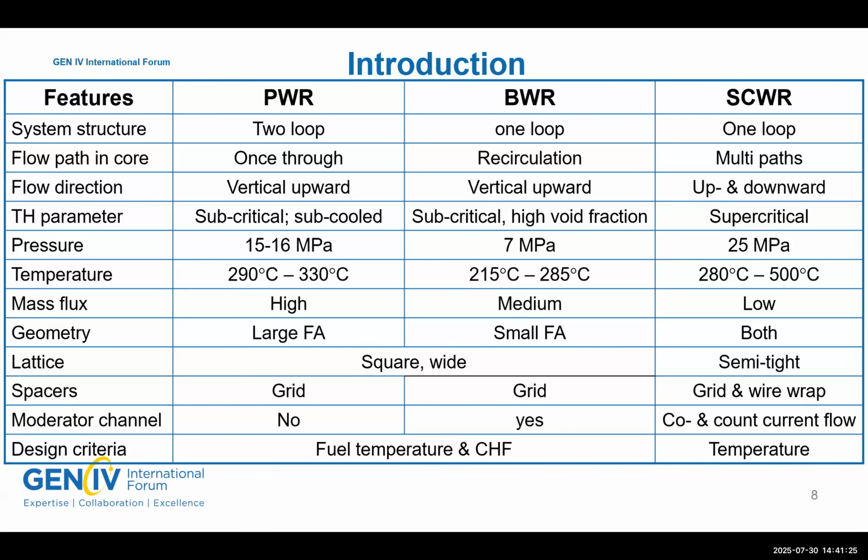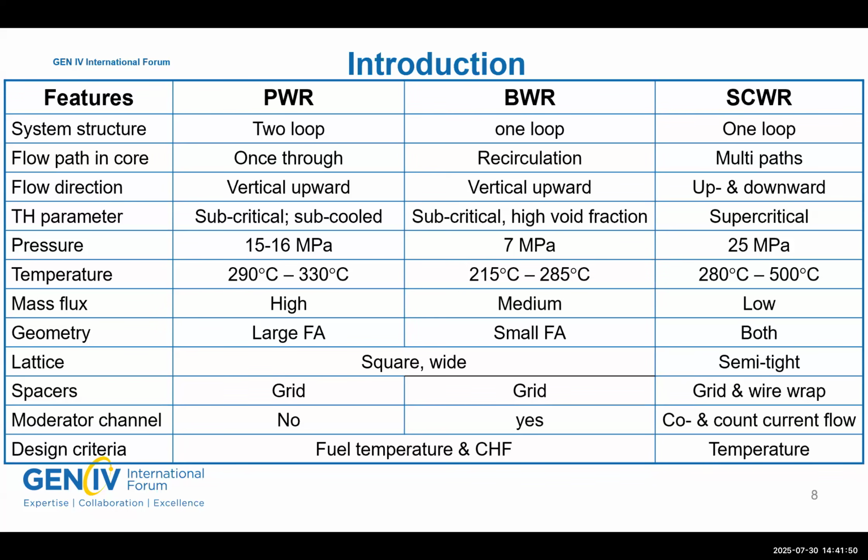And also you will see for the thermohydraulic parameters, the PWR has subcritical pressure and subcooled boiling. And the BWR is also at subcritical pressure, but has very high void fractions. And for the SCWR, as I told you before, it is supercritical.